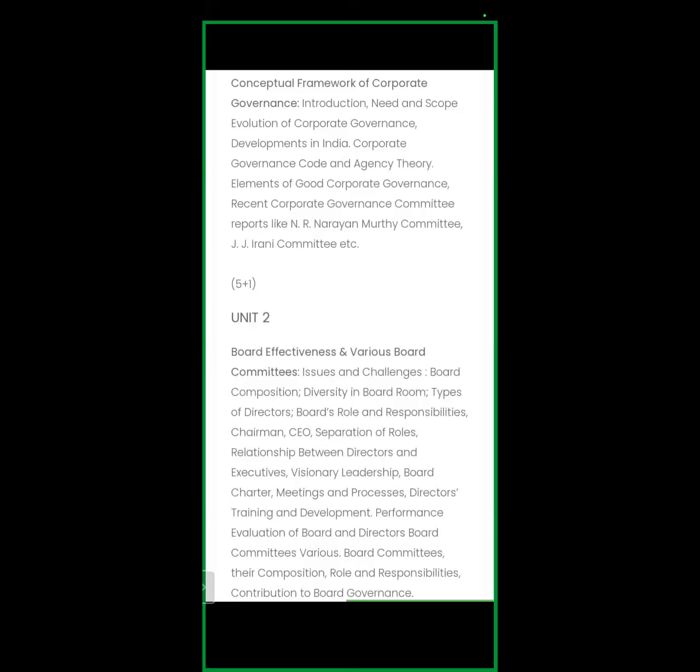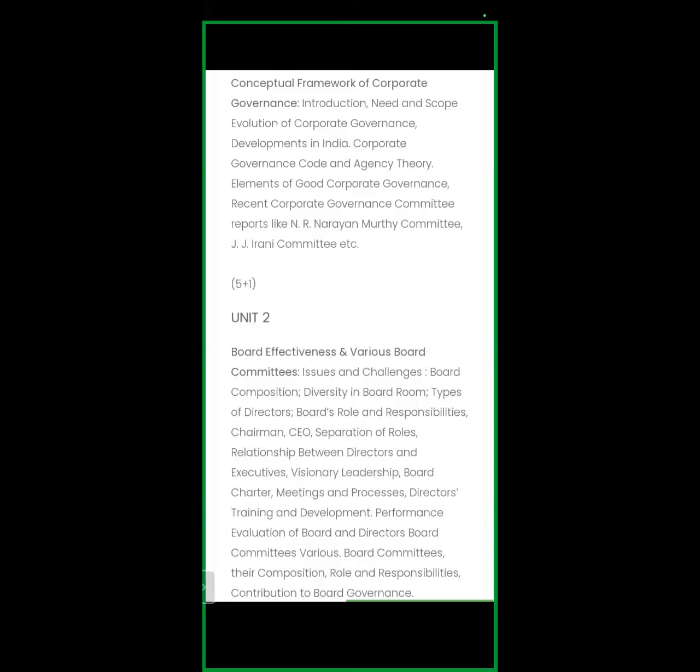Then in unit 1, we will be discussing about the recent corporate governance committee reports, like the NR Narayan Murthy report, then JJ Irani report, and the other very relevant reports, such as Kumar Mangalam Birla report.